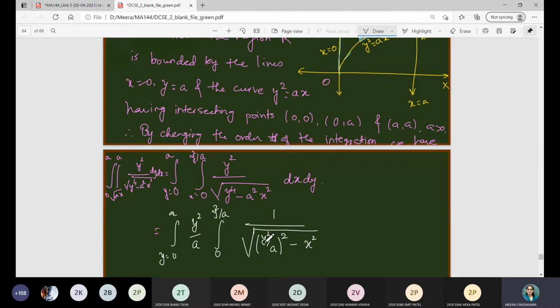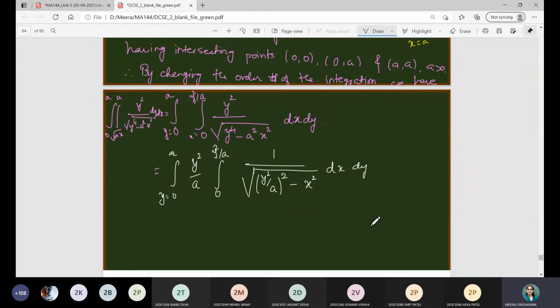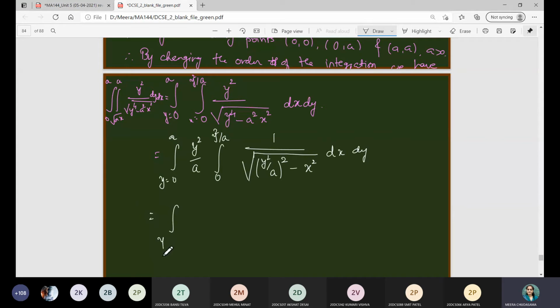That is, square root of a square minus x square in the denominator will give you the integration as sine inverse x by a, where a is this bracket quantity, right? So it will be y is equal to 0 to a, y square by a sine inverse x by a. By a means it is y square upon a, varying from 0 to y square by a dy.